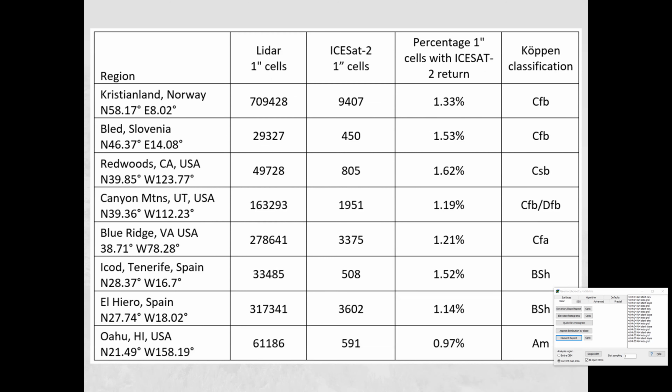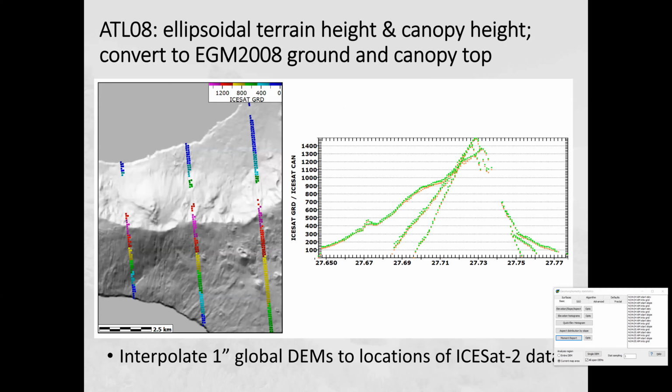And that's because ICESat goes in long linear tracks. And so you get 1 cell in the 1 degree DEM that has coverage and then nothing for a long ways to either side. So here is an example from El Hierro, the edge of the world in the Canary Islands.